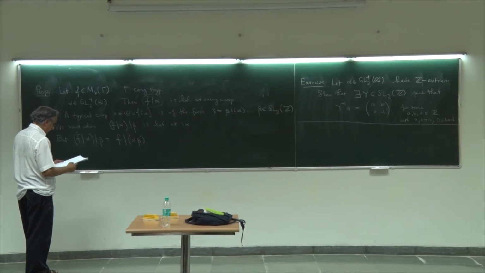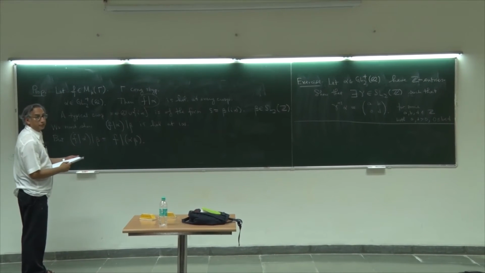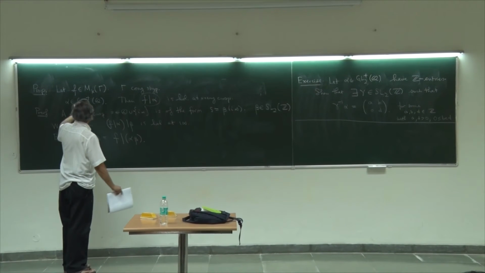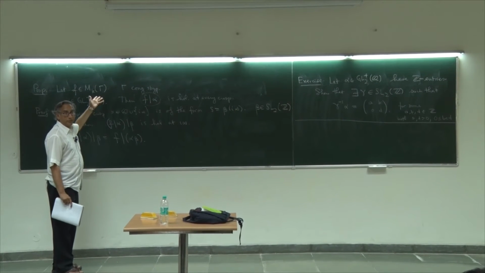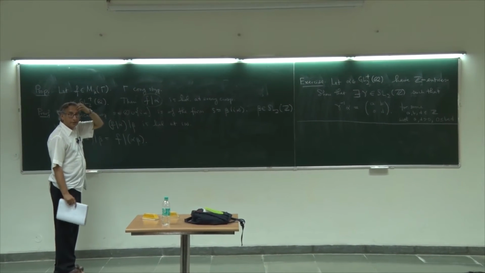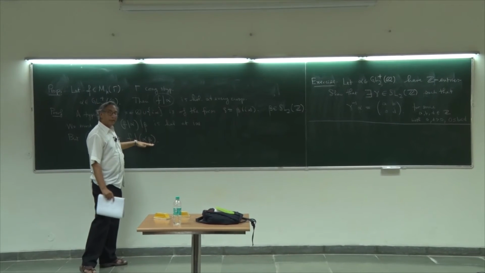And so we may suppose that alpha beta has integer entries, because alpha, remember, was an element here, and it's just a 2 by 2 matrix. There are some fixed denominators, and so we can multiply by a scalar to kill those denominators.